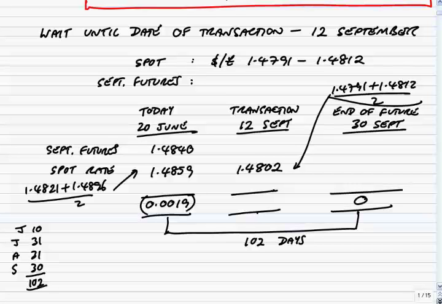By 12th of September, well, from the 12th to the 30th, there's only, what, 18 days. And so the difference will have fallen. If it's falling linearly, it'll be a fraction, 18 divided by 102 times 0.0019, which comes to 0.0003.